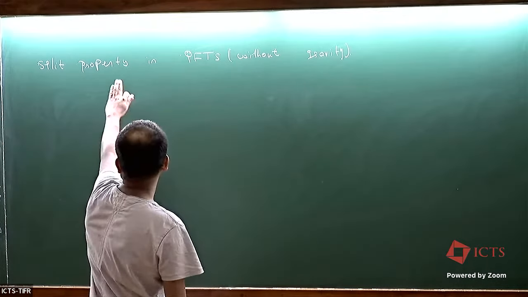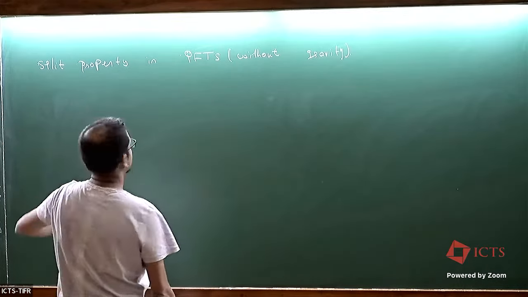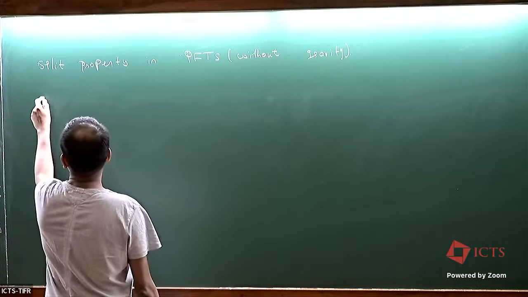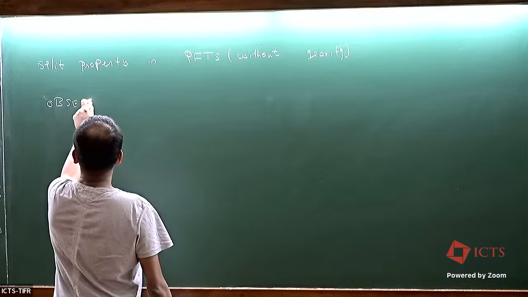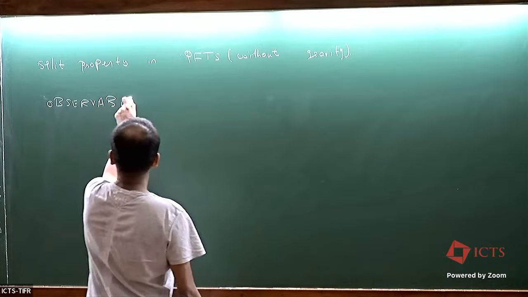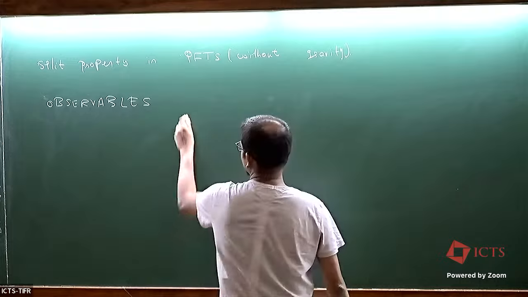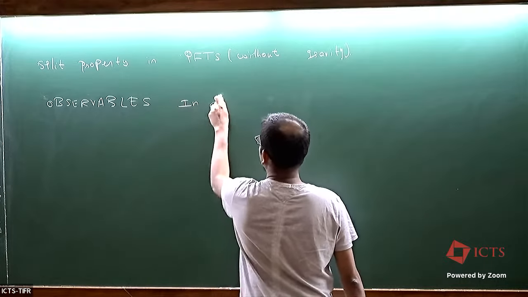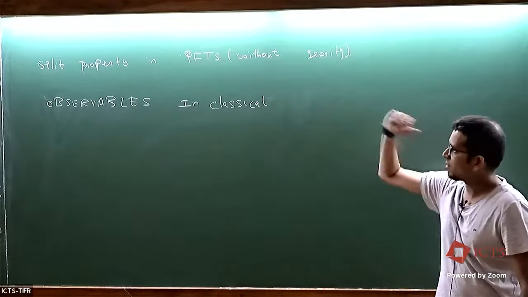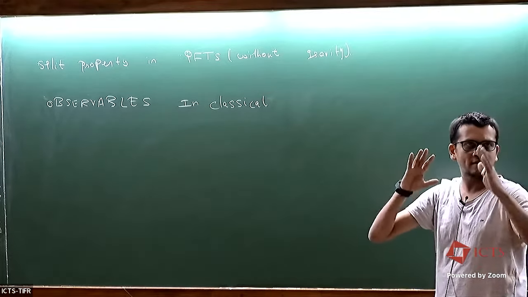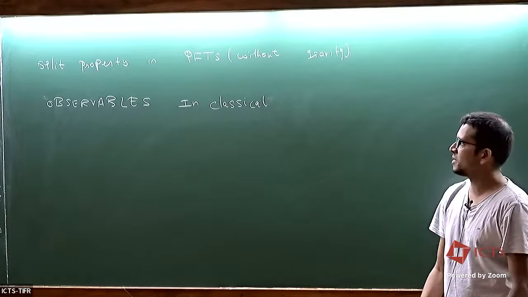And then after this, we will switch gears drastically and go to observables in classical gravity, without quantum. Because, as we saw in the last lecture, the whole program of the algebraic formulation of quantum field theory started with an algebra of self-adjoint observables.